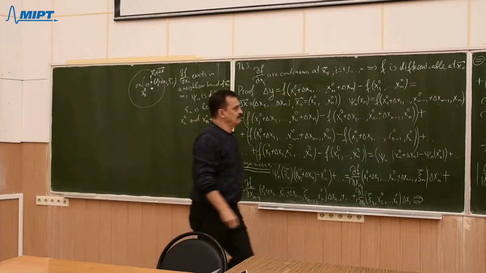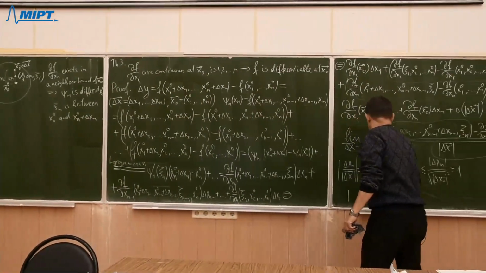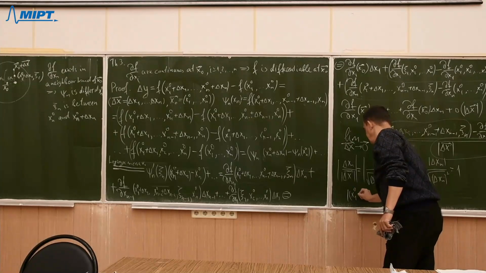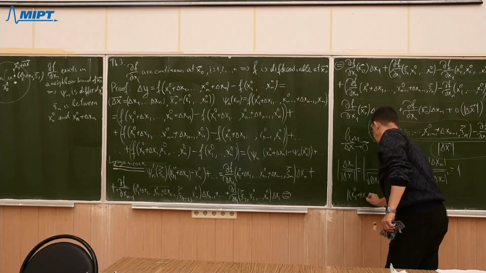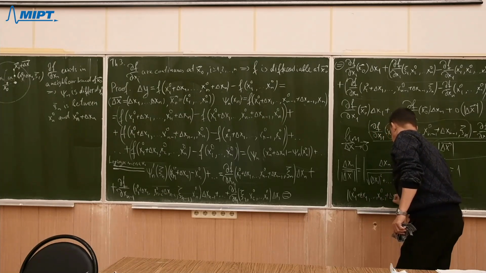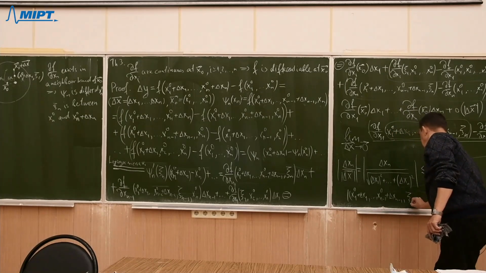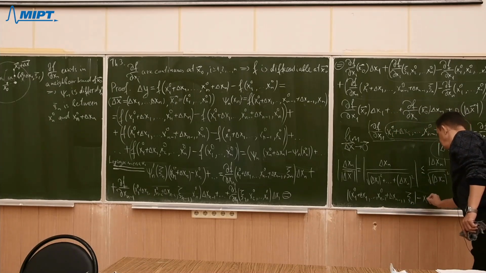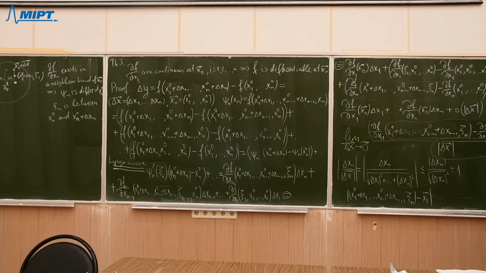So the length of the difference between the point x1 naught plus delta x1, so on, xn minus 1 naught plus delta xn minus 1, psi n, and x naught, that distance is less or equal than the length of delta x. Hence, it tends to 0 as delta x tends to 0.